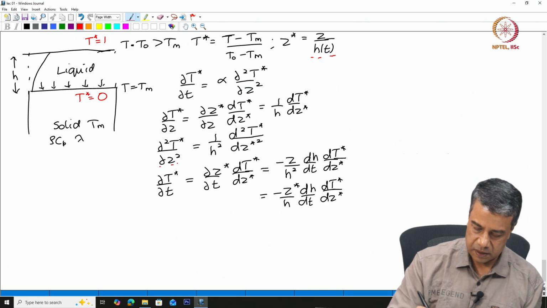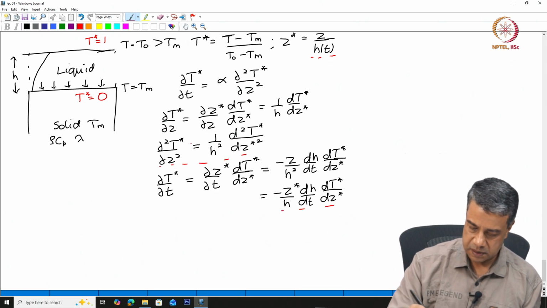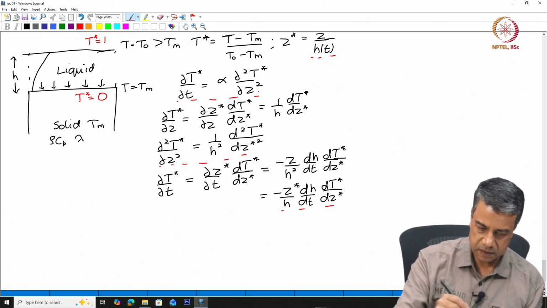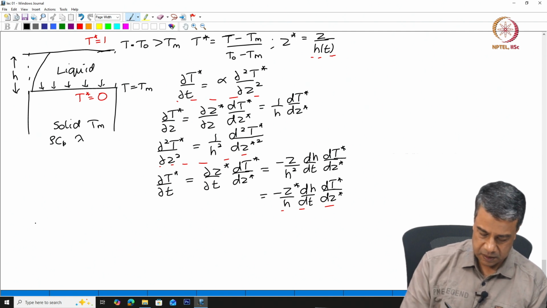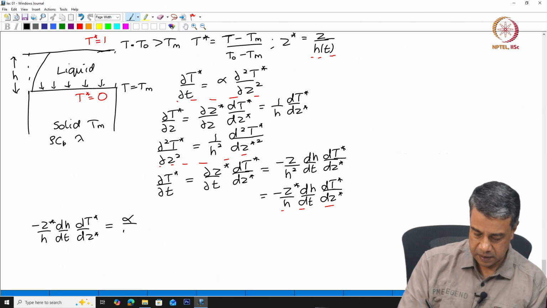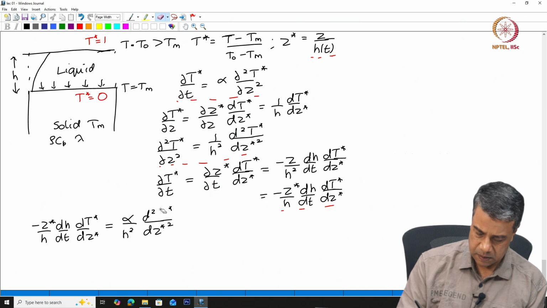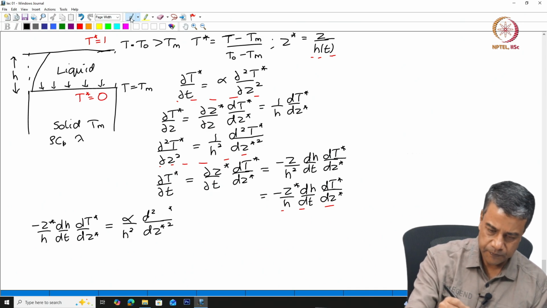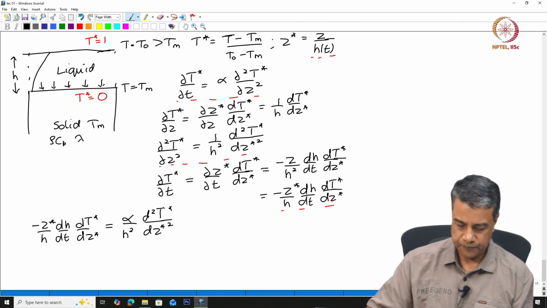So, substituting this and this into the conservation equation, I will get minus z star by h dh by dt dT star by dz star is equal to alpha by h squared d squared T star by dz star squared.